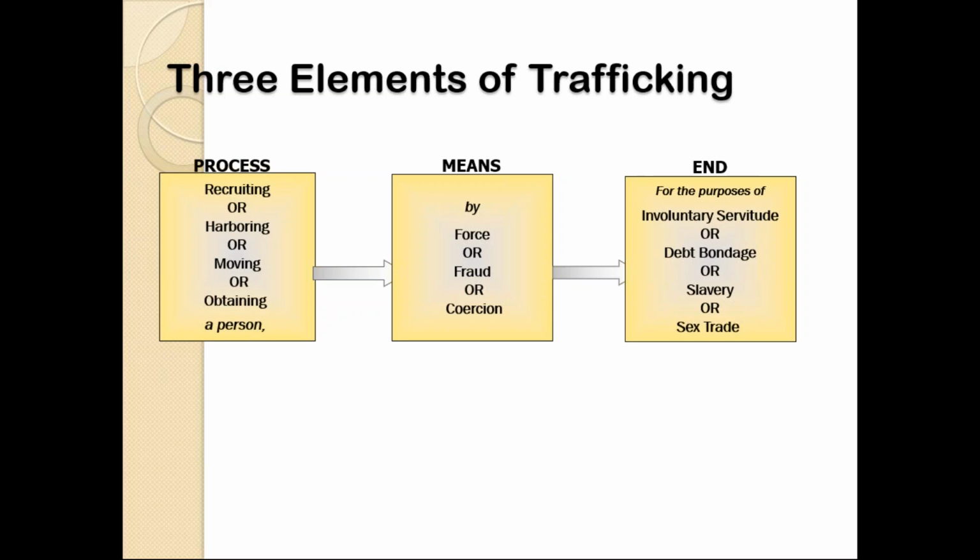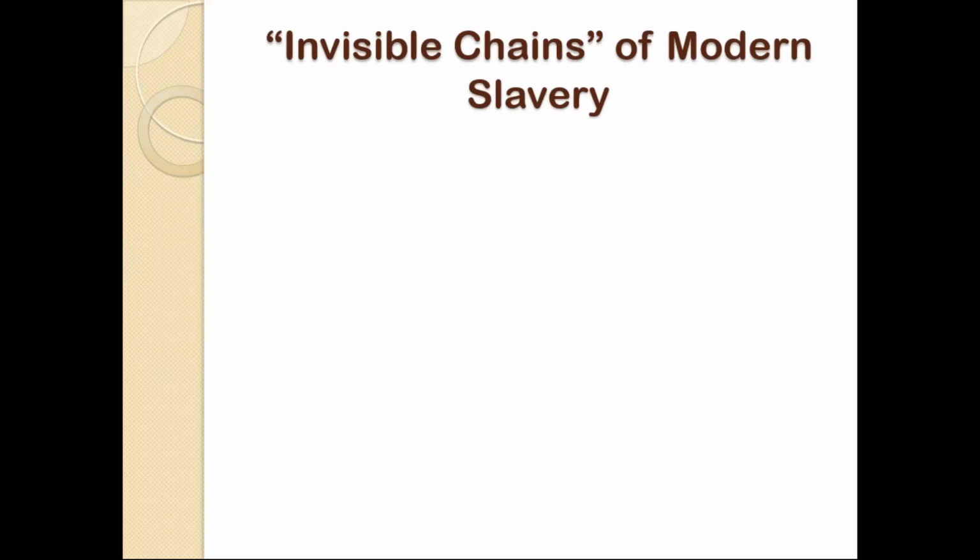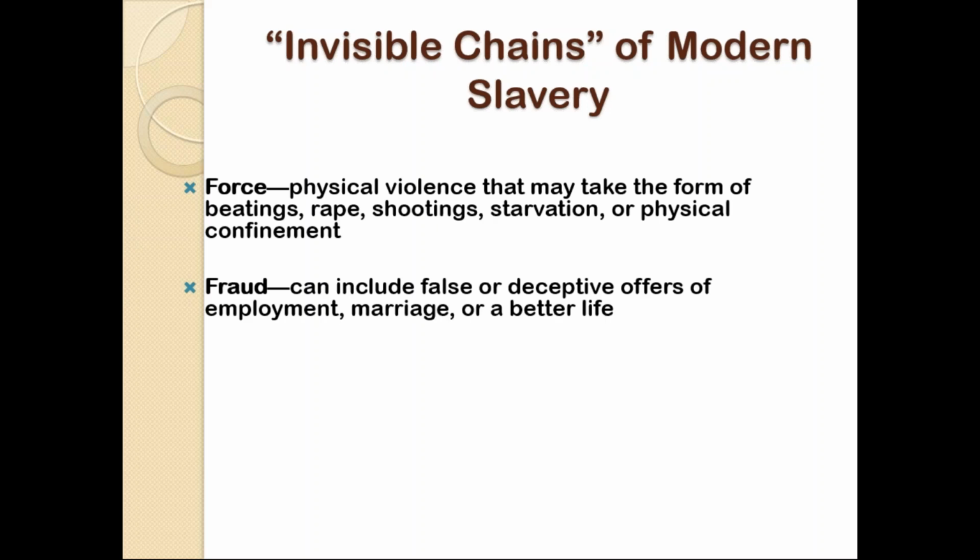So for children under the age of 18, there does not need to be any force, fraud, or coercion for it to be considered human trafficking. We see it all the time happening. So why do we say that there are invisible chains in modern day slavery? Many times there isn't any physical force.